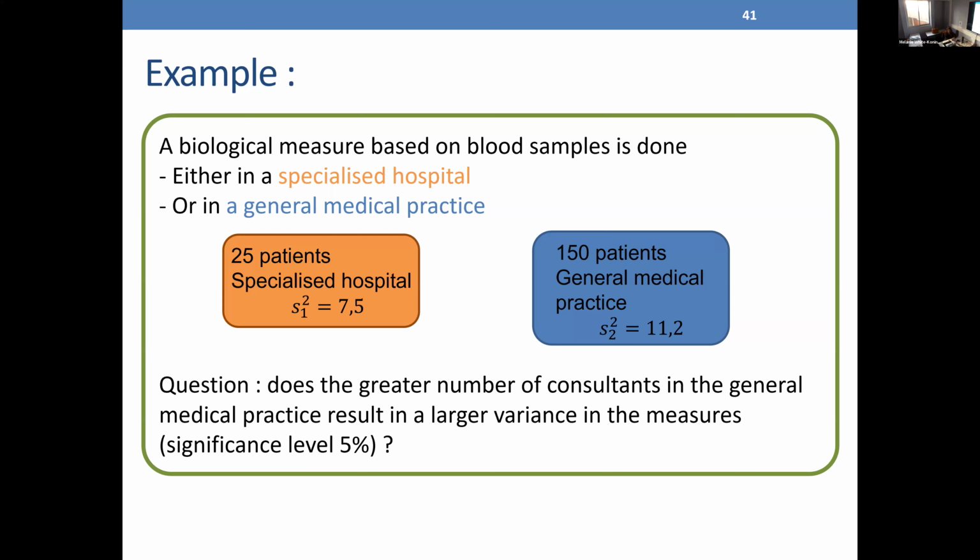The null hypothesis is the two of them are equal, and the alternative is that the variance number one is lower than. Very good.